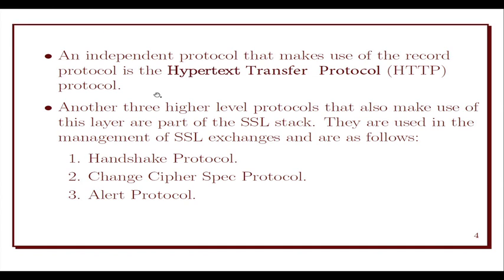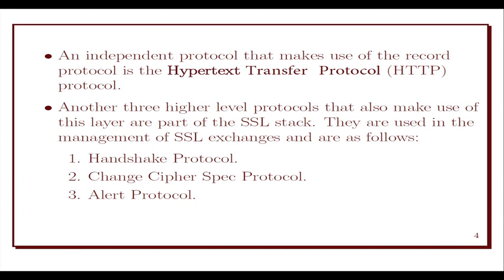On top of that, we have four protocols: the HTTP protocol, and three more, the Handshake Protocol, Change Cipher Specification Protocol, and Alert Protocol. These are just on top of the SSL Record Protocol, the top-level layer of SSL.